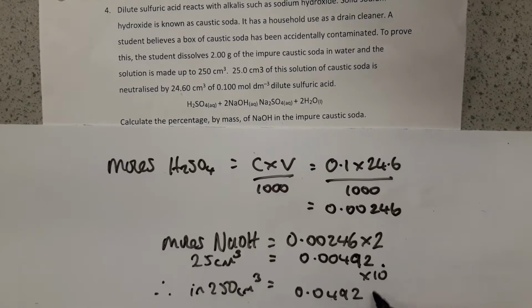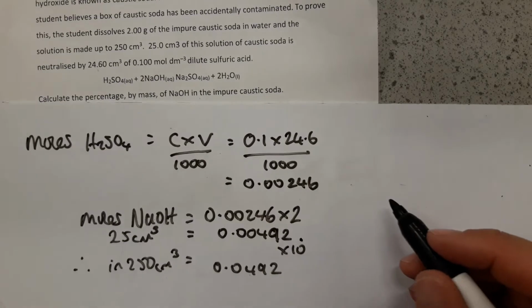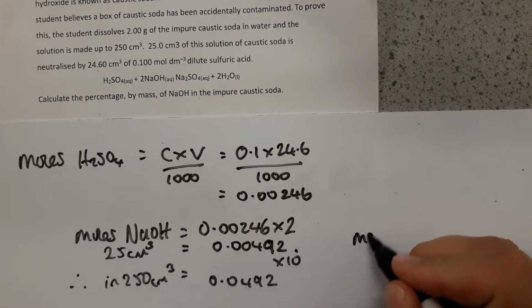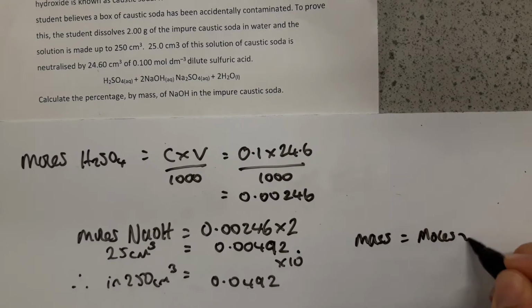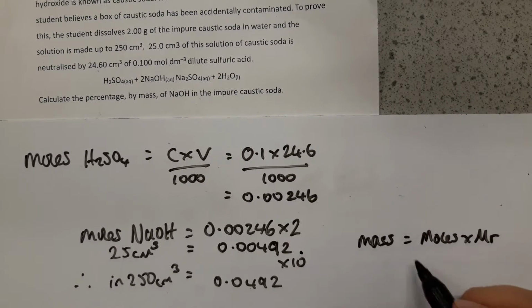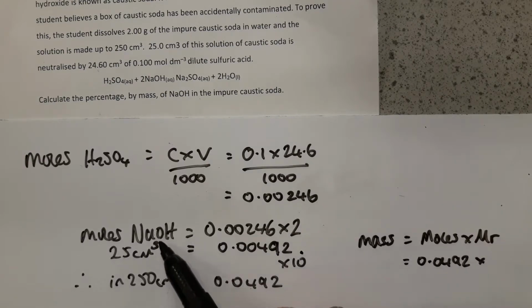So I've now got my moles of sodium hydroxide present in the original 250 centimeters cubed sample. What I need to do is work out the mass. Remembering that mass is moles times molar mass, or mass is Mr times moles, as you might remember being taught. So the number of moles, 0.0492, times the Mr of sodium hydroxide.